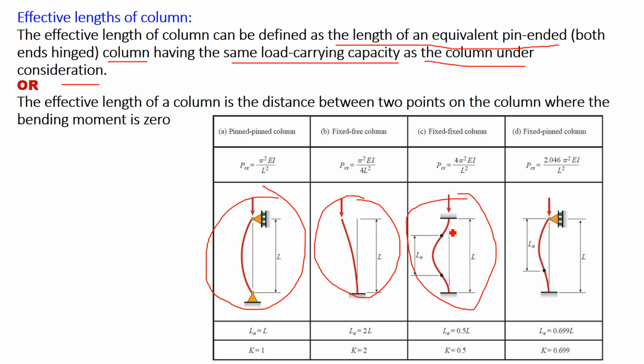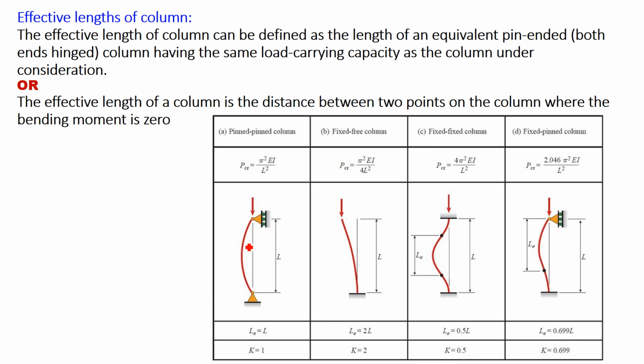If you replace this other boundary condition column by a two end pin column having the same load carrying capacity, the length will be different. Whatever length is changed, that changed length is called the effective length.